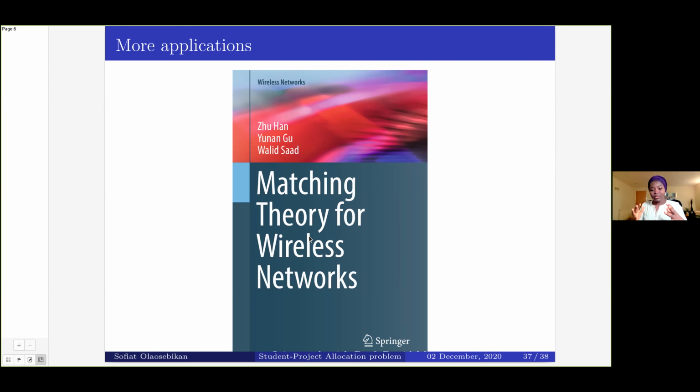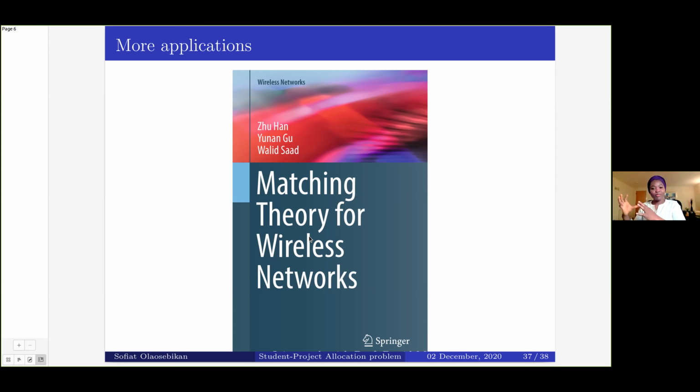And this is because of the ever increasing rate of wireless networks, the traditional way of allocating wireless resources to networks is no longer feasible. And they realized that the theory fits very nicely into matching theory.